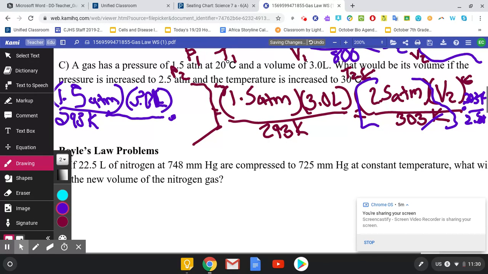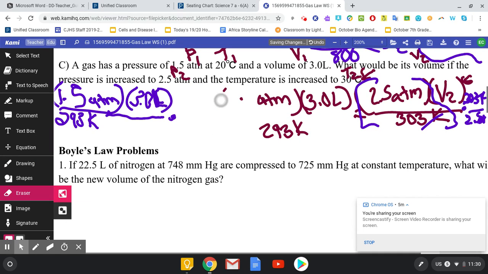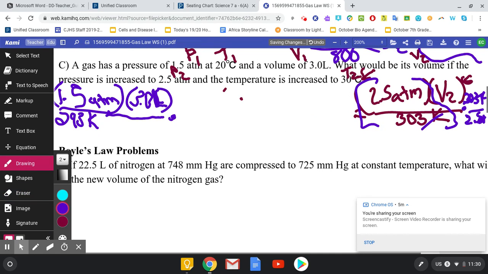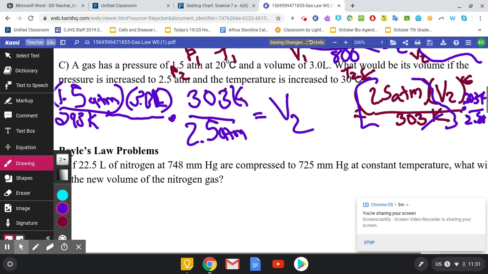I hope this is not going to totally throw you, but I am going to erase this part right here because I'm running out of room. So I'm going to multiply by 303 K over 2.5 atm equals V2.